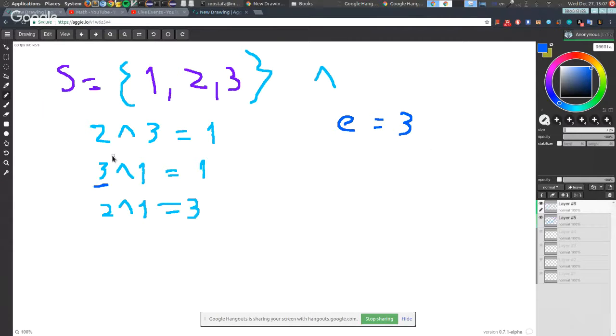So E is equal to 3. As you can see here, this, by definition, has to be equal to this. Here this is equal to 3, which is also by the definition.